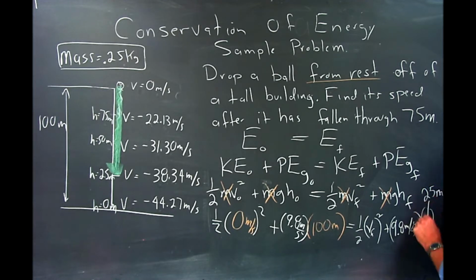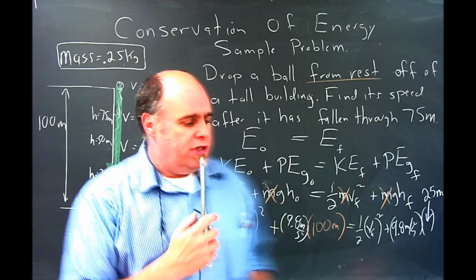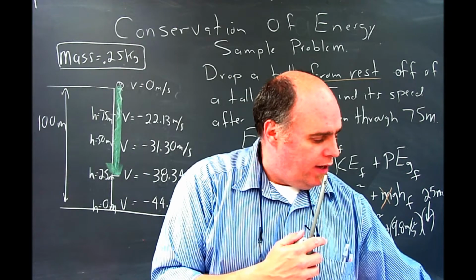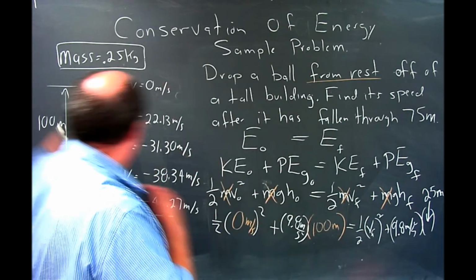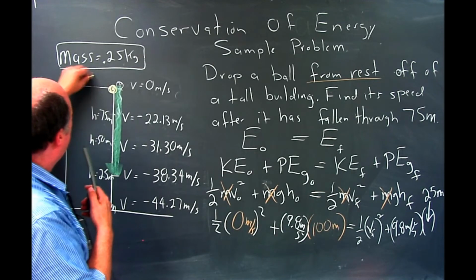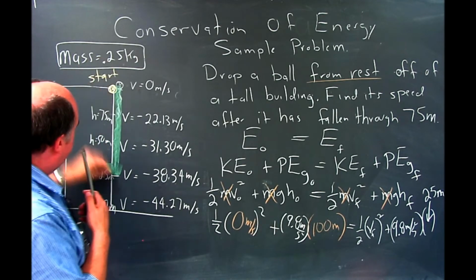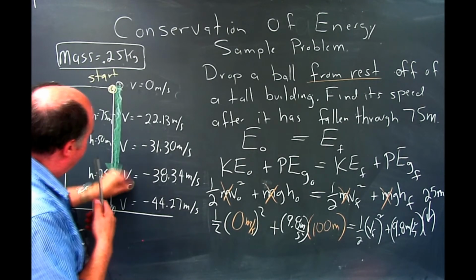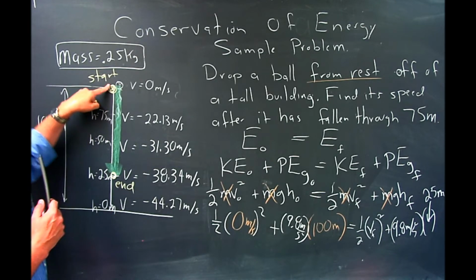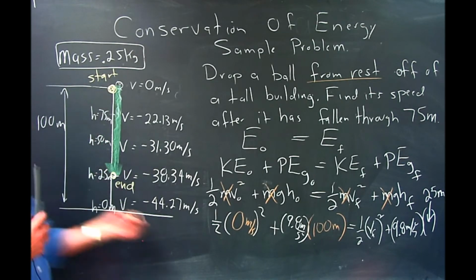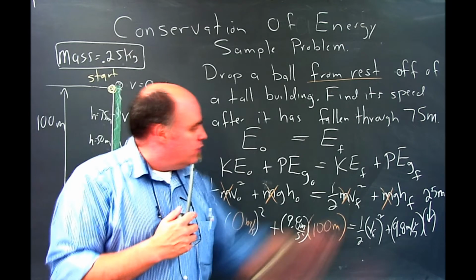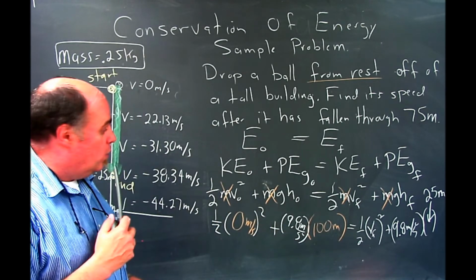So I'll put that right in there. So with this particular problem, what I'm doing right now is I'm saying, let's say we're starting here, and let's say we're ending here. And we're going to go from our starting point down to our ending point. And using this formula here, this will help us figure out what it's going to be.